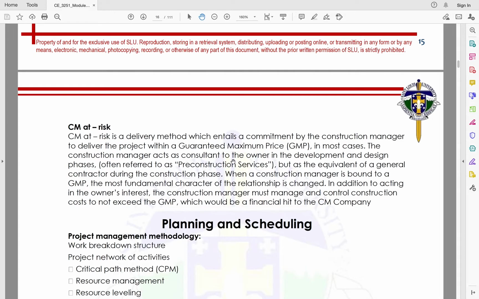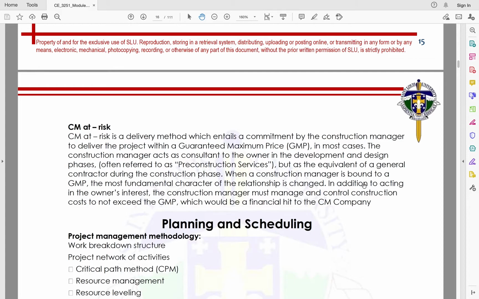When you are bound to a GMP, the most fundamental character of the relationship is changed. Of course, you need to be not just a negotiator, but of course an advocate of your company.